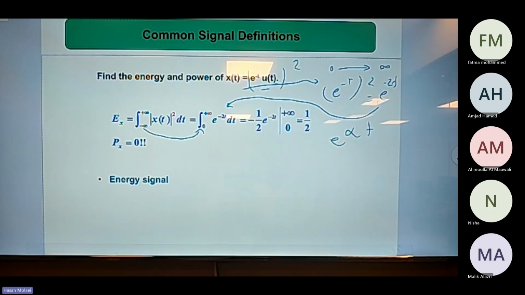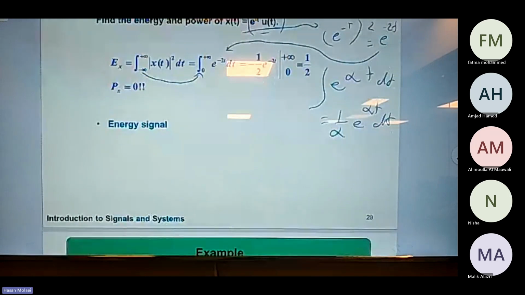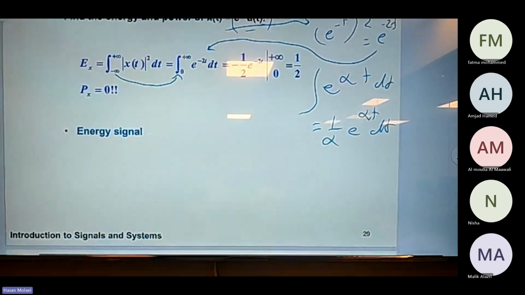The integral of e to the power of alpha t gives you 1 over alpha, e to the power of alpha t. If we evaluate at infinity, e to the power of minus infinity is 0. But e to the power of 0 is 1, so the energy is limited, so this is an energy signal.